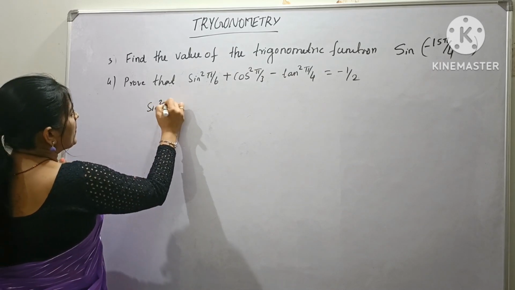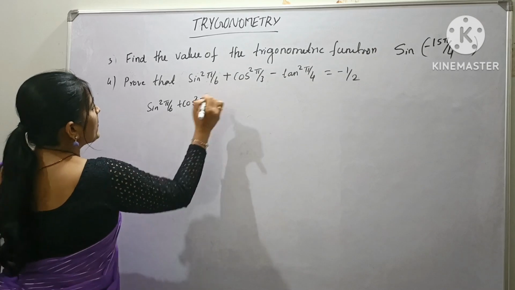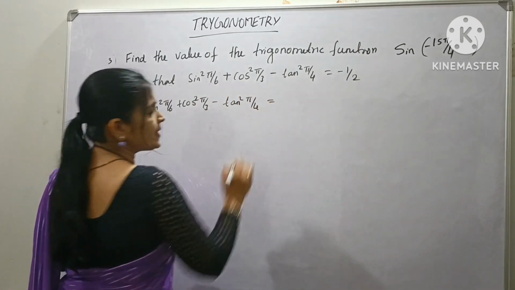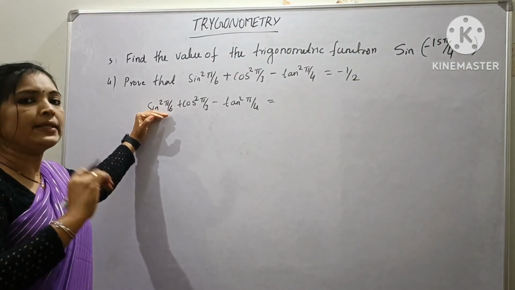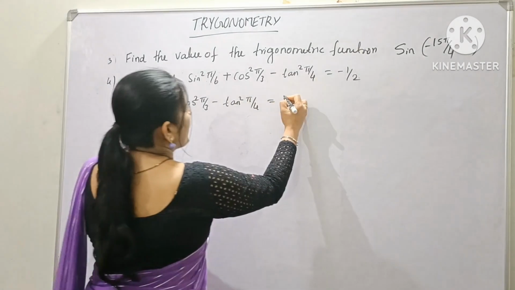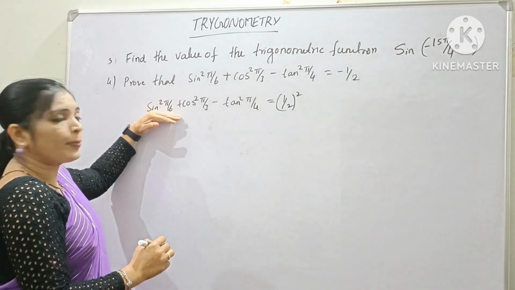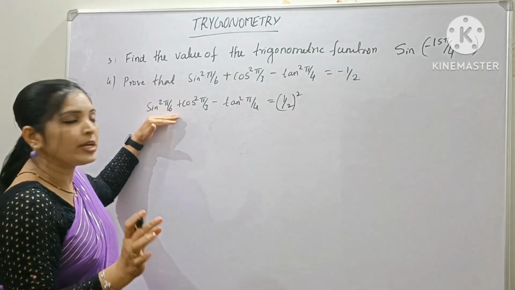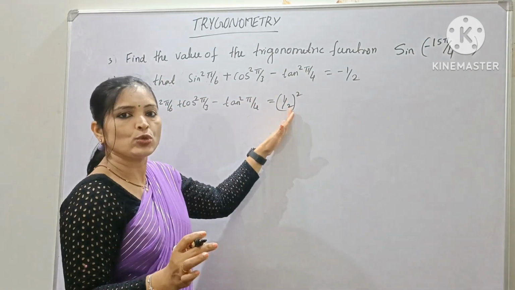Sine square pi by 6 plus cos square pi by 3 minus tan square pi by 4 is equal to, what is the value of sine pi by 6? Sine 30, that is 1 by 2. So sine square pi by 6 is 1 by 2 whole square.